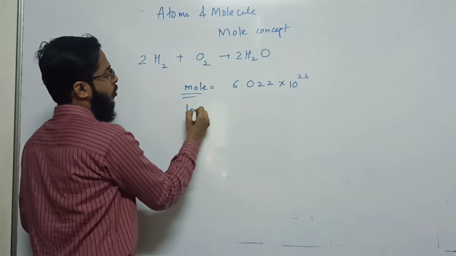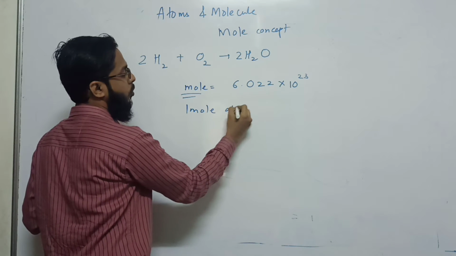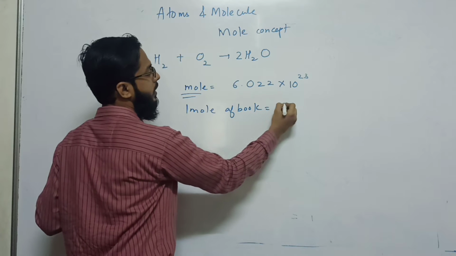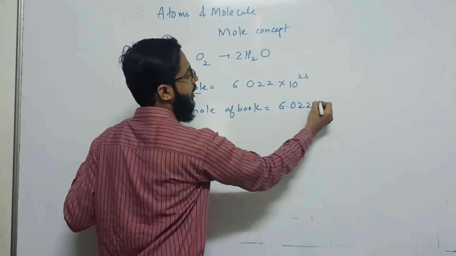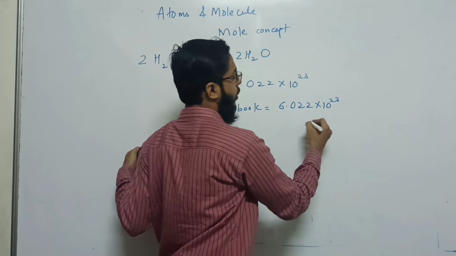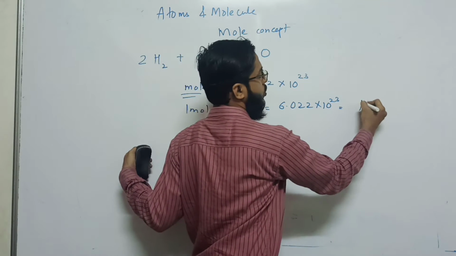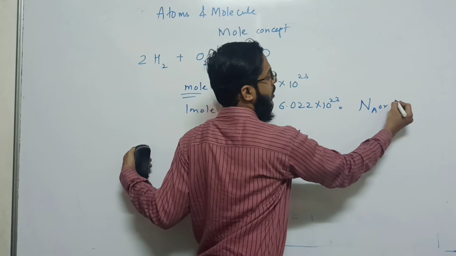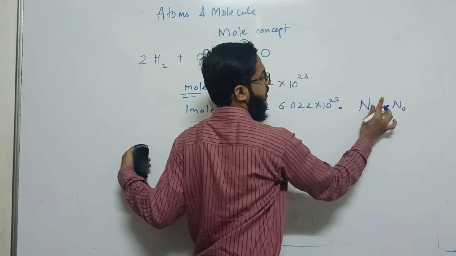If I say 1 mole of books, it will be 6.022 into 10 raised to 23. This number is given by Avogadro. That's why it is also called Avogadro number or Avogadro constant.